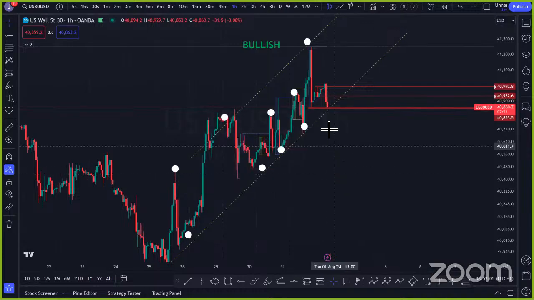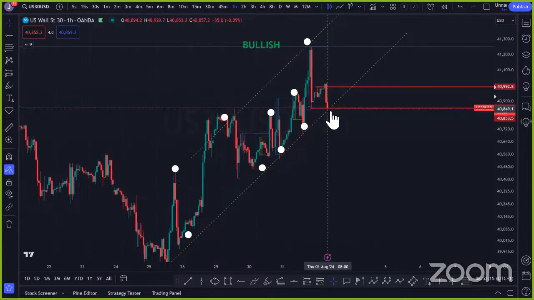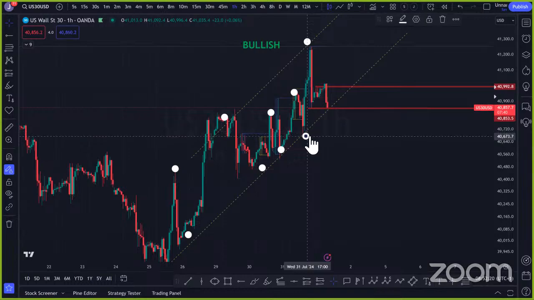But below that discounted area, we can see an area of liquidity identified by that red line. Now the question is, does this market want to continue pushing down further? Because it's allowed to get all the way down to here.